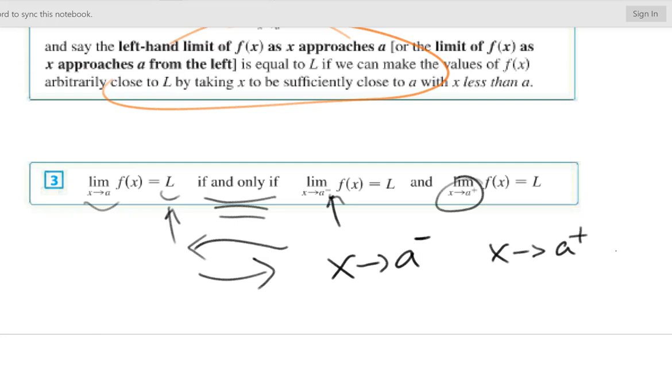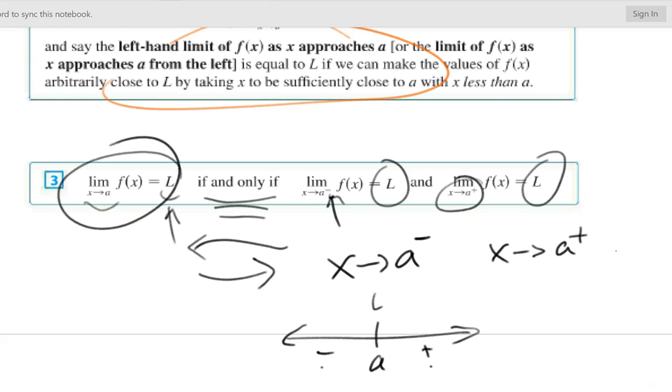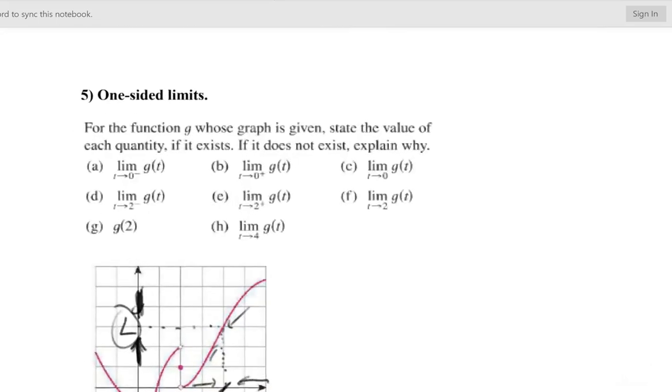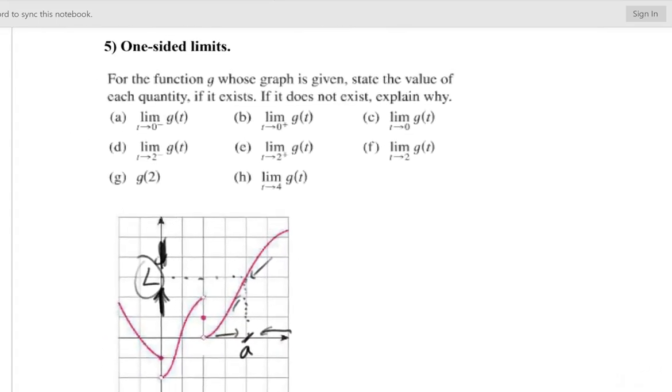It's just saying the negative side of the number line, okay? If these are both L, if you're coming in to a from the positive side and then the negative side, and that value is L on both sides, then the limit is L, okay? It has to be, all right? This is really important. These are called one-sided limits, okay?